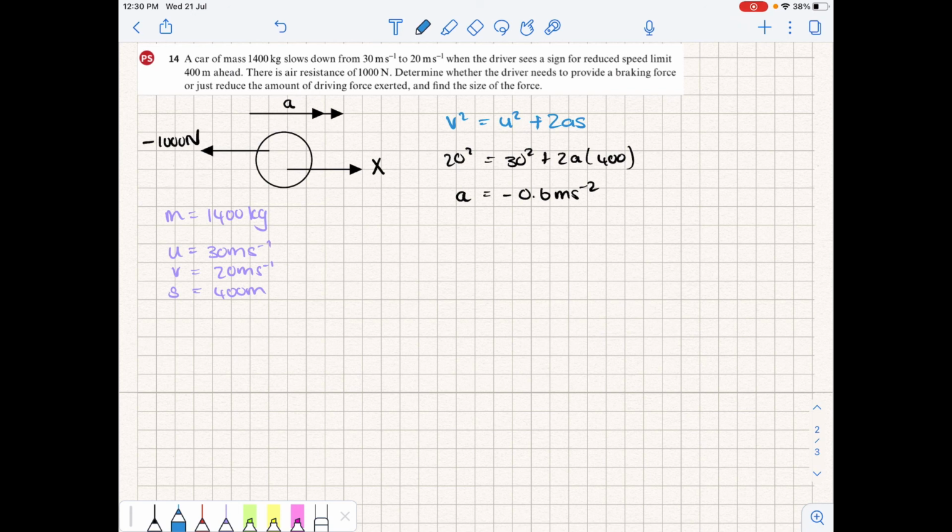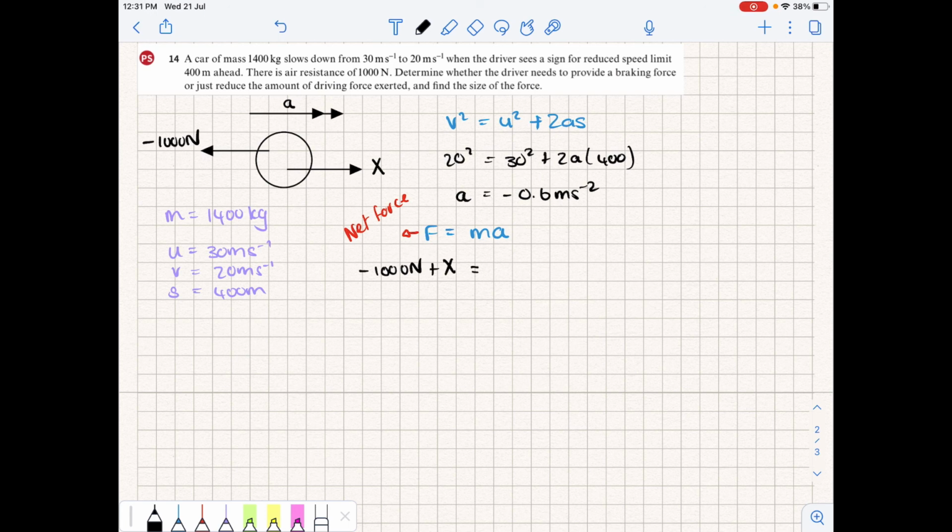Right, to determine the force, we know that the force is equal to mass times acceleration, and we know that this force here is the net force, or the resultant force. And we know that the resultant force in our case is just the sum of all the forces, right? And in our case, we have the minus 1,000 newton air resistance, and we have this force X, which we don't know what it is yet, right?